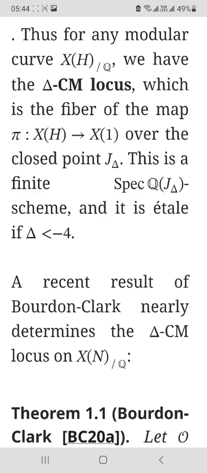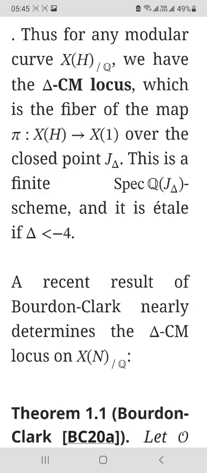So from H to 1, X(H) to X(1) is a map, and we pull back from X(1) and view all of the fiber. We view the fiber as the delta CM locus.